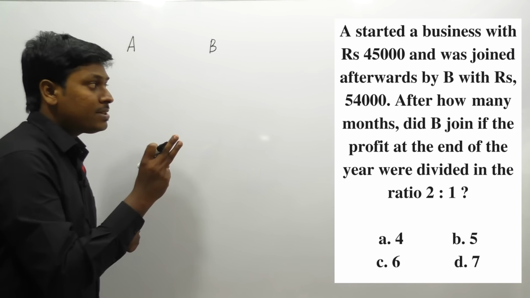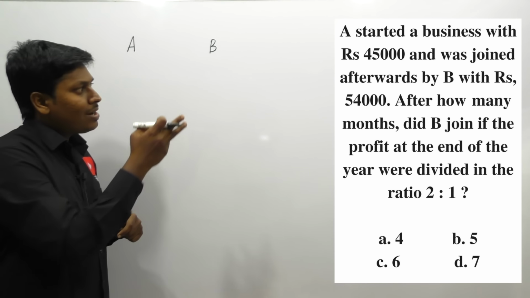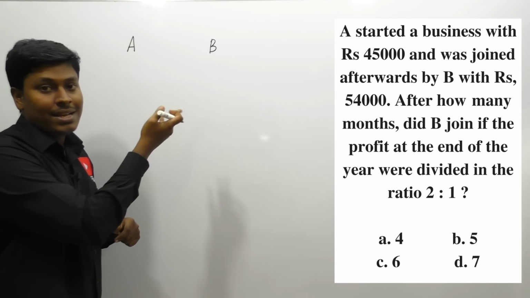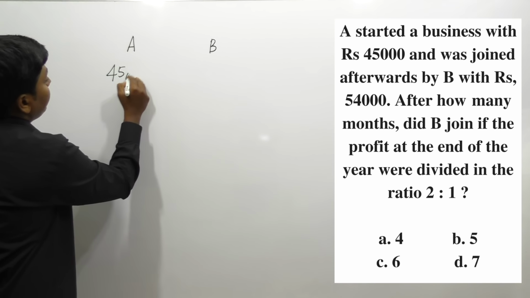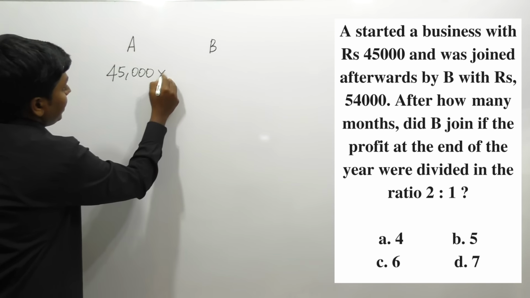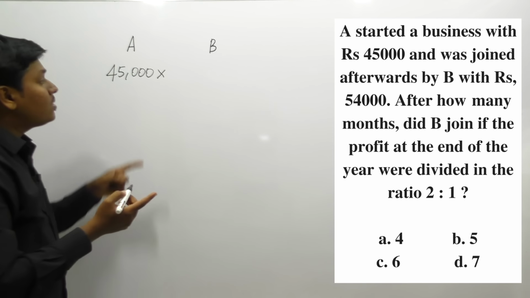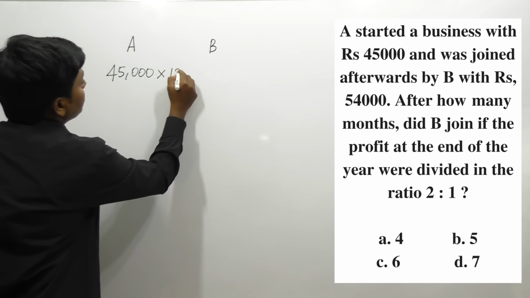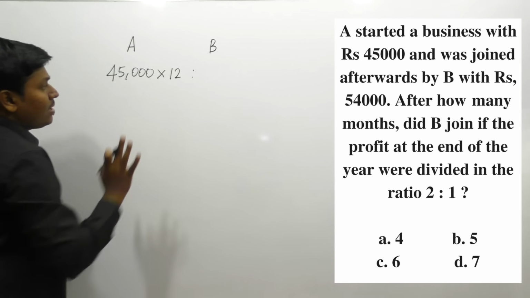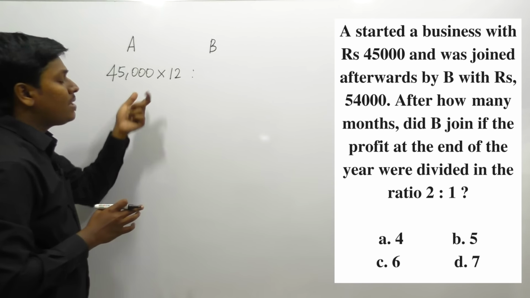There are two persons in the business, A and B. In the first point they have given that A started a business with the investment of 45,000. We know that person A started the business and stayed till the end, so we can say 12 months, right? For the complete 12 months person A is in the business.